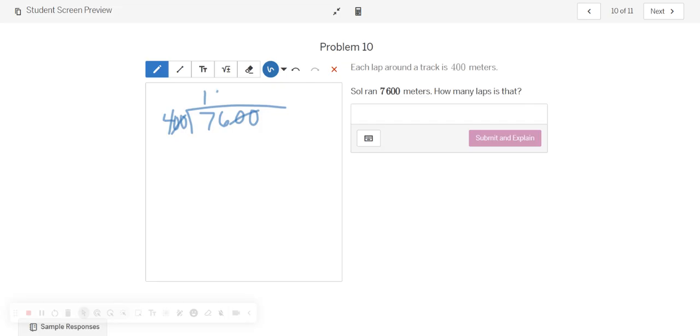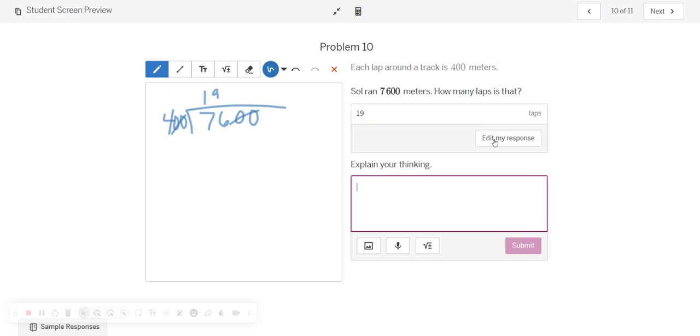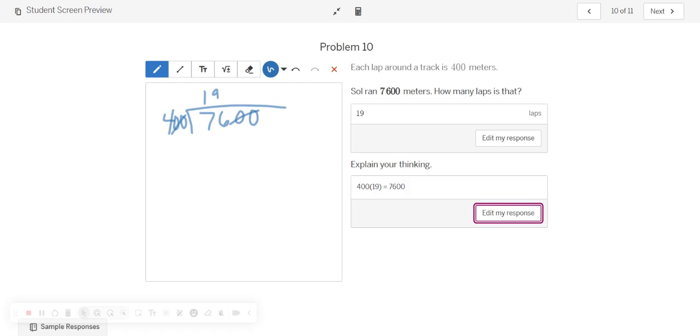That's going to be 19 times. I didn't do the old-fashioned way because I knew that 20 times 4 would be 80, and so it's 1 less than that. So 19 laps, submit and explain. 400 times 19 equals 7,600. 7 kilometers, 7.6 kilometers. That's a good run.